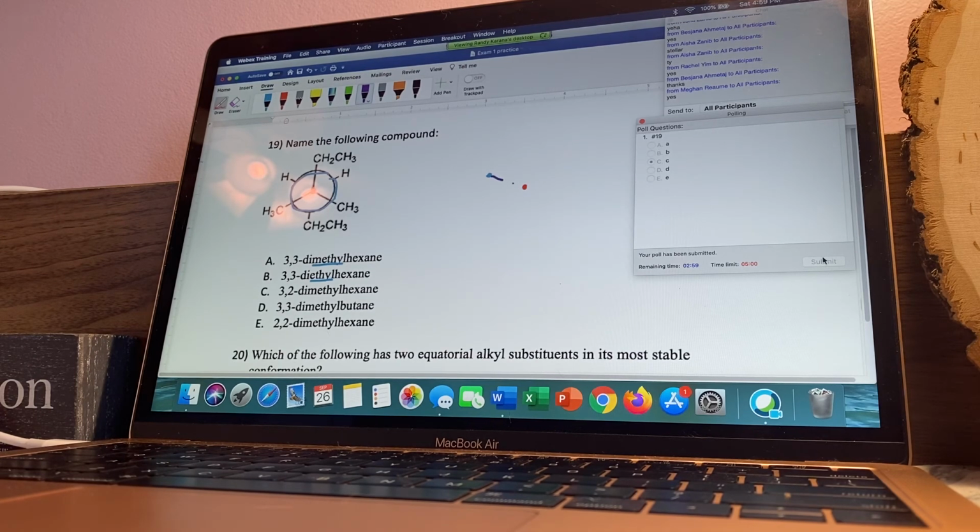This is one bond. And now we're saying, okay, what's coming off of this red carbon? What are the three groups that are coming off? CH2, CH3, CH3, and H3C. Yeah, exactly. So we have an ethyl group, we have a methyl, and another methyl.